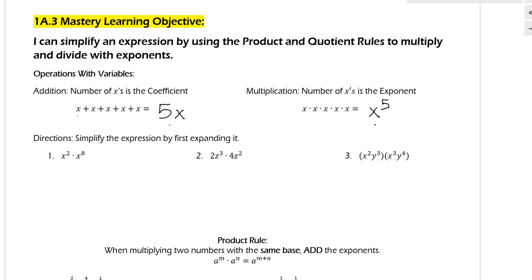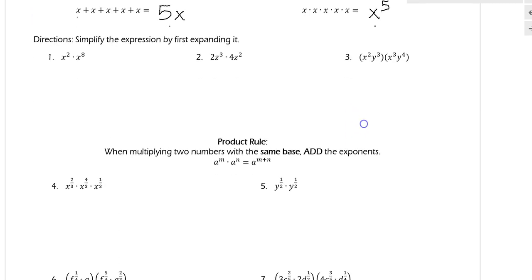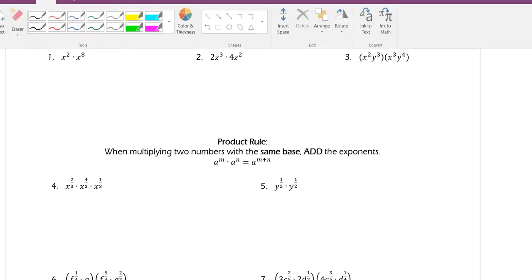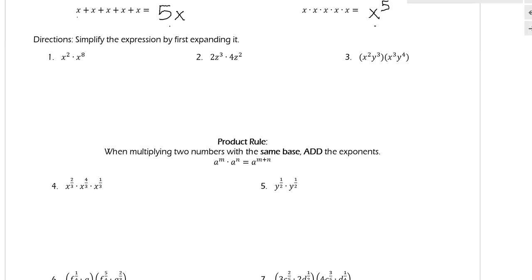Now, we're going to look at our next set of things. I'm going to simplify my expression by first expanding it. So what does that mean? I'm starting with x squared. Remember, this exponent, just like up here, tells me how many times it got multiplied. So x times x.